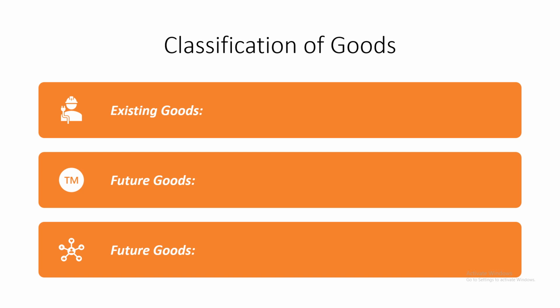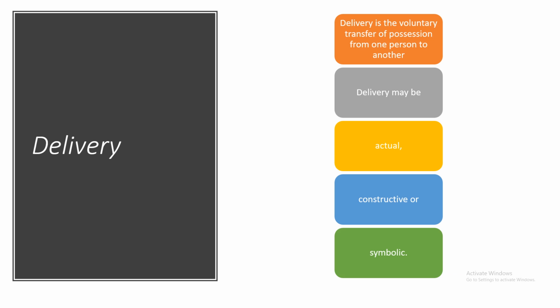One more important term in the Sale of Goods Act is delivery. Let us check up what is delivery and what are its forms and derivatives. The term delivery means voluntary transfer of possession by one person to another.